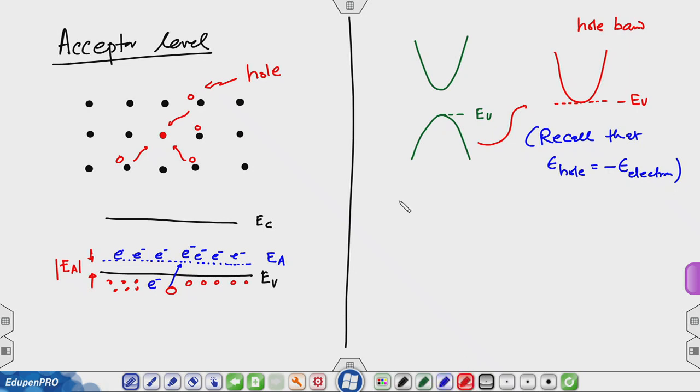So, in the hole picture, I have this energy, and I will be creating E acceptor at this level.